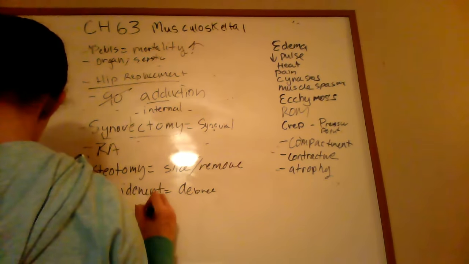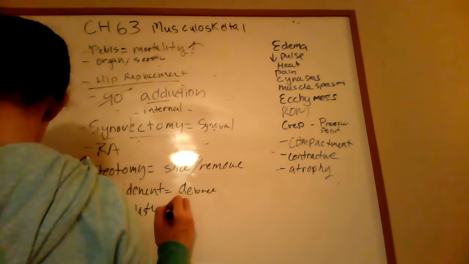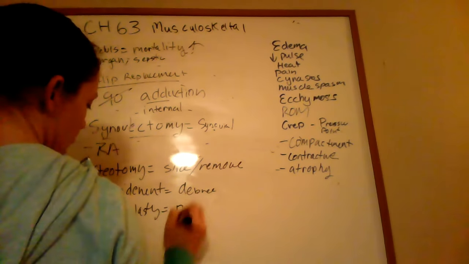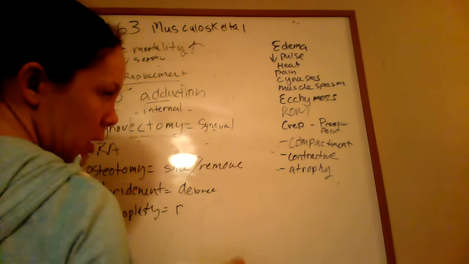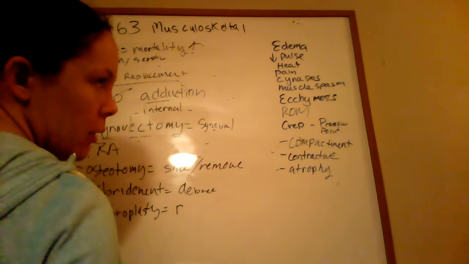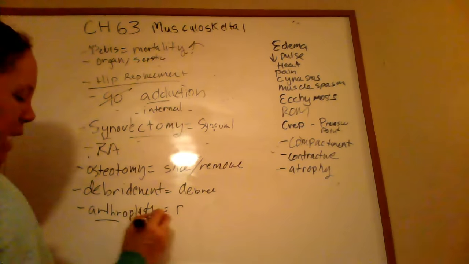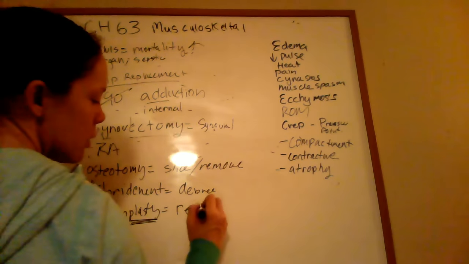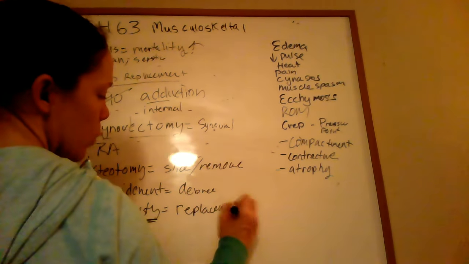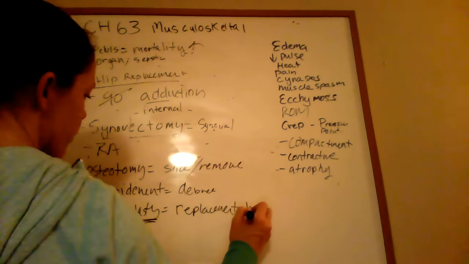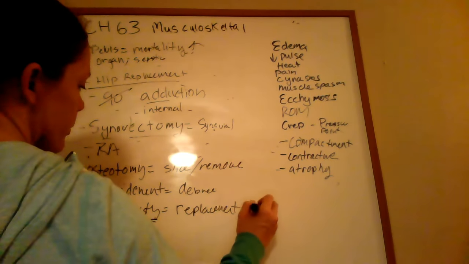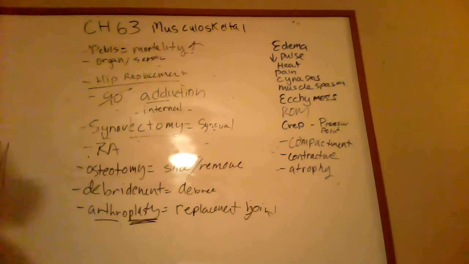Arthroplasty is reconstruction or replacement of the joint. And a lot of times it's going to happen in hips, it can happen in knees, it can happen in fingers, it can happen in a lot of things. But arthroplasty, alright, replacement of or reconstruction of a bone, or I'm sorry, of a joint. Alright, so that summarizes chapter 63.